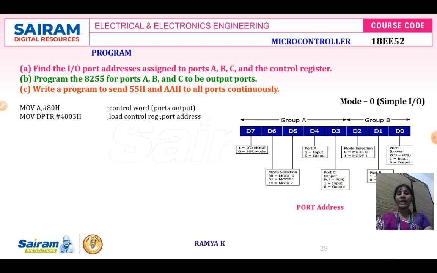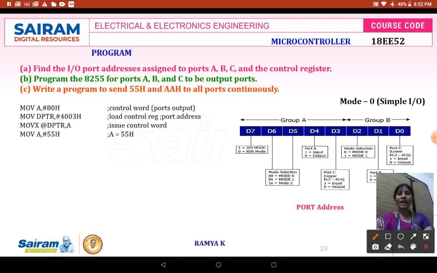Next, I have to move the data 55 and AA continuously to the port addresses. The port addresses you can see at DPTR. So 4003H is the DPTR, and MOVX is nothing but your external memory.